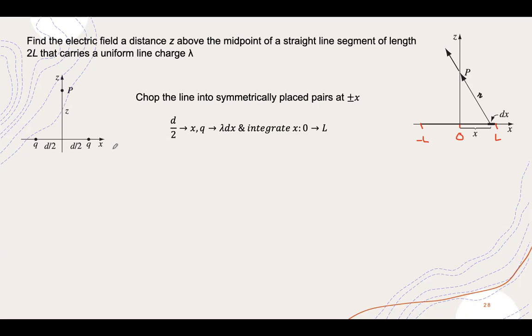But the problem which we first did for the discrete charge distribution, where we have a q here and q here placed at d over 2, the same problem, if you just apply it, because these are similar.